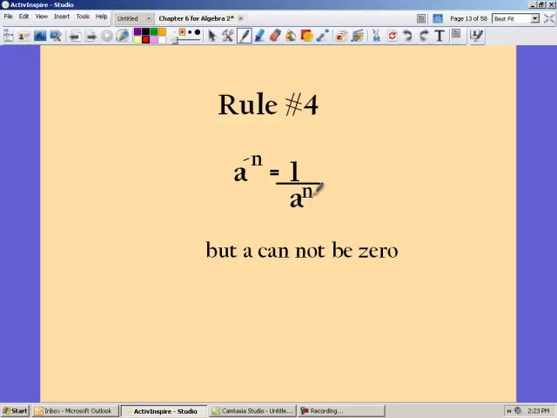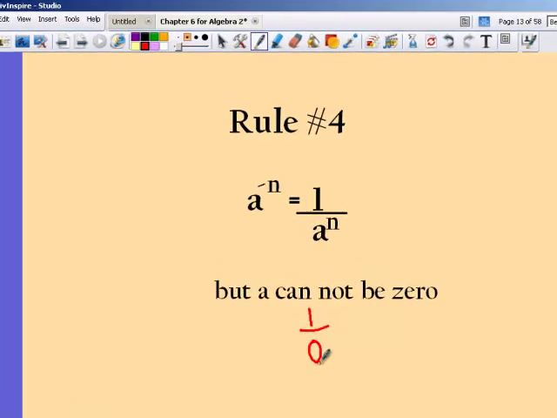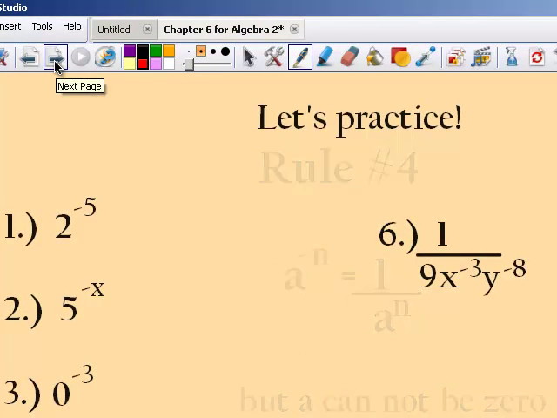And there is a rule here that says a cannot be 0. So if we had 1 over 0 raised to whatever exponent, you can't do that because we can't divide by 0. There's no solution. So in number 1 here, we have 2 raised to the negative 5th power.